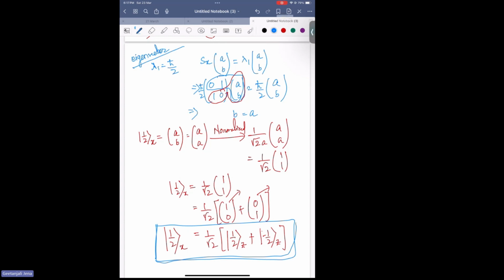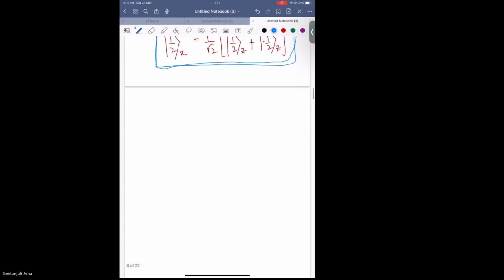Now, if you want to see the eigenket related to the eigenvalue minus ħ/2, you have to solve the same eigenvector equation. Let's say the eigenket is (c, d), which gives lambda 2 times (c, d).